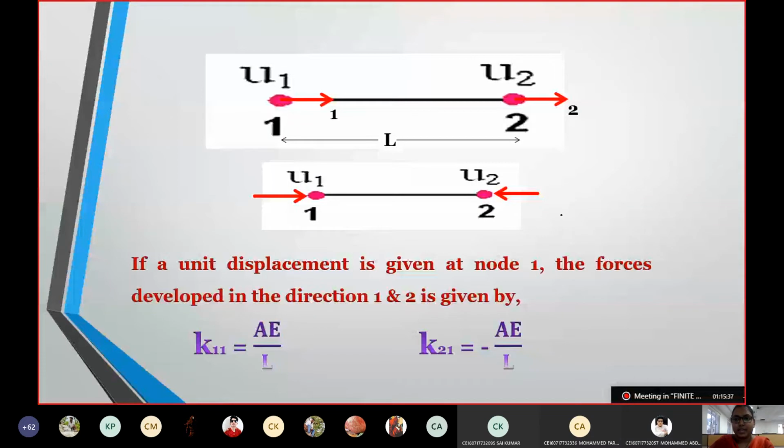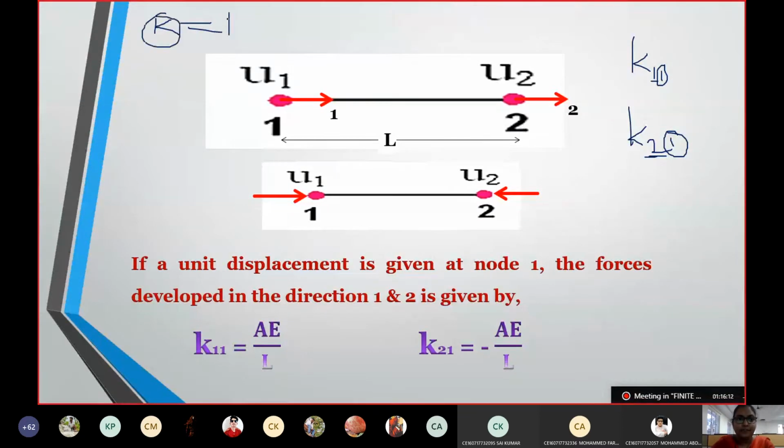See, I said K11 or K21: the second term indicates where I am giving the unit displacement, and the first term, or the first coordinate, indicates where the force is required. If you remember, stiffness K is the force required for the unit displacement.